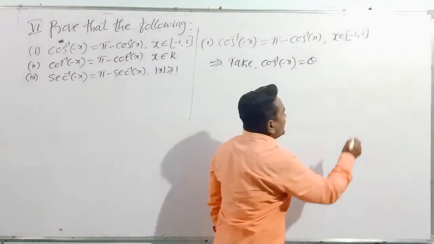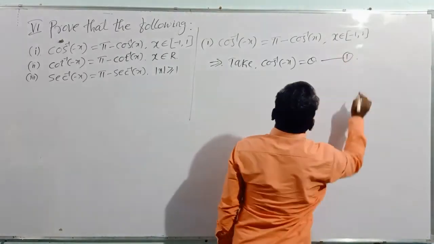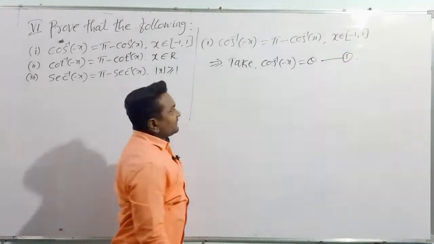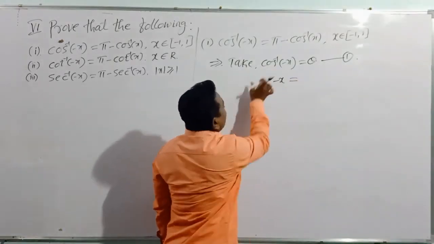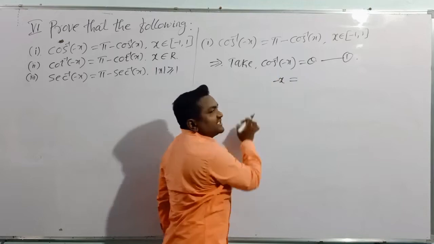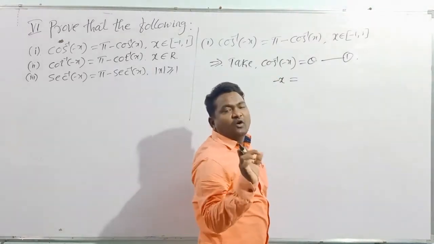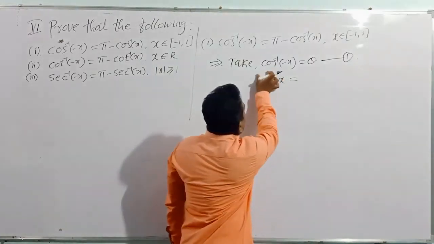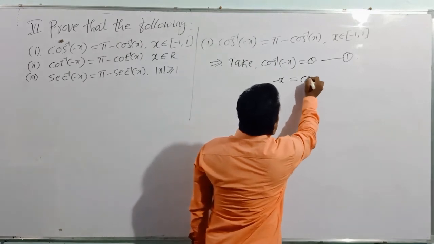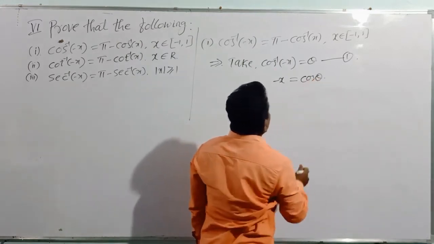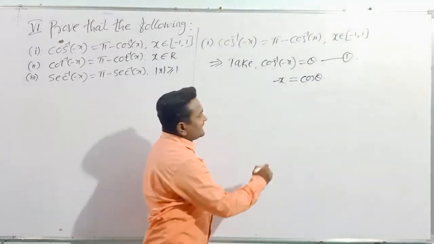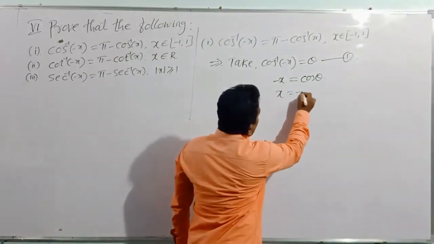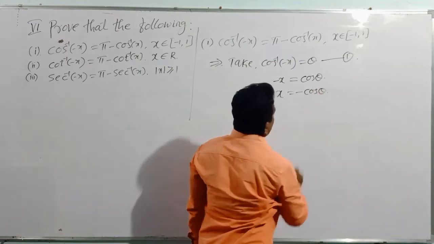Take it as equation number 1. Now keep minus x as it is. The inverse trigonometric function moves to the right-hand side and becomes a trigonometric function, so cos inverse moves right and becomes cos theta. If minus x equals cos theta, then x equals minus cos theta.